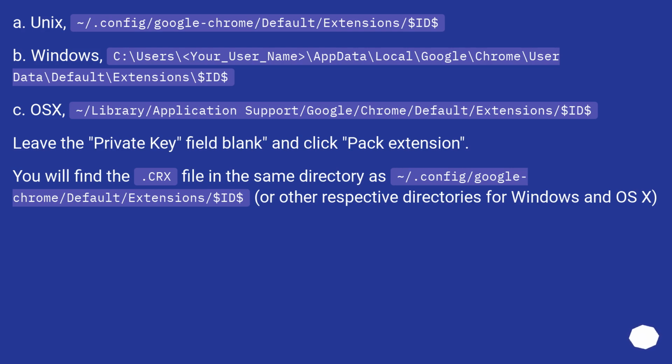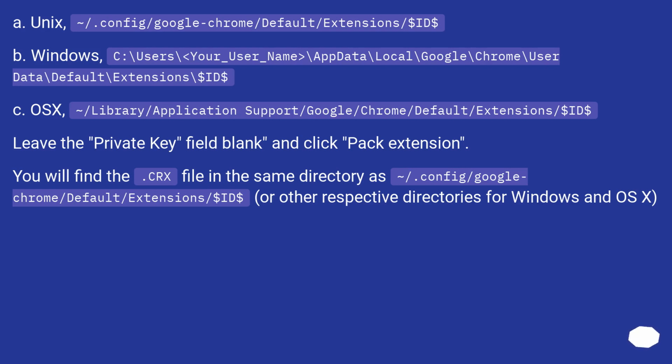B. Windows: C:\Users\<your_user_name>\AppData\Local\Google\Chrome\User Data\Default\Extensions\$id$. C. OSX: ~/Library/Application Support/Google/Chrome/Default/Extensions/$id$. Leave the private key field blank and click Pack Extension.